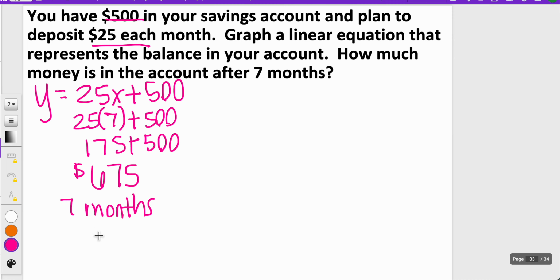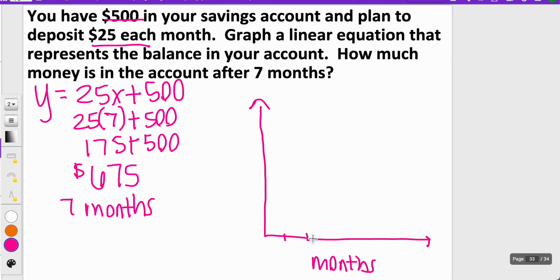So that graphed on here. Again, these are all positive numbers. That's why I'm just doing my quadrant. We'd have months here on the x-axis. 1, 2, 3, 4, 5, 6, 7.